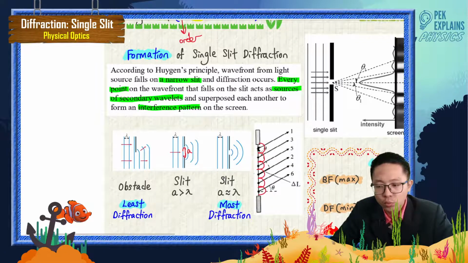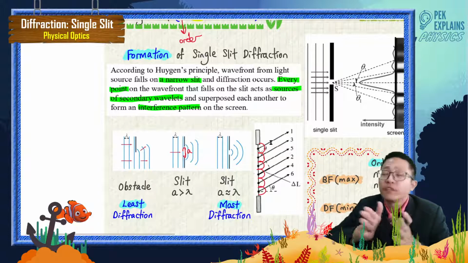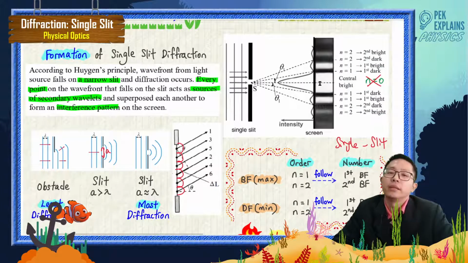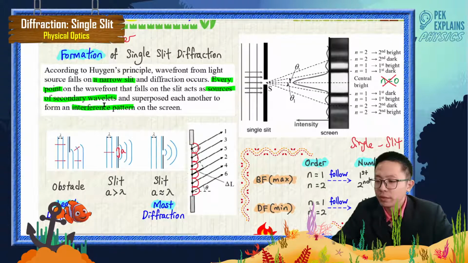They are not just 6 particles, there are countless particles here in between the slit, and each of these points forms its own wavelet. These wavelets interfere with each other, superpose with each other to form the diffraction pattern on the screen. So that's a very important concept.